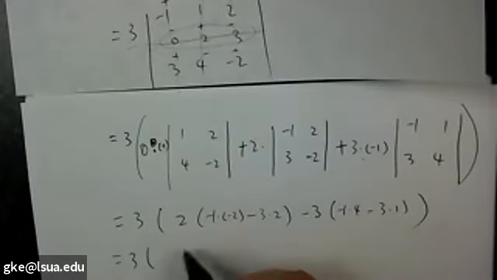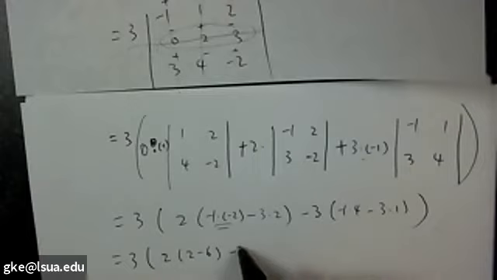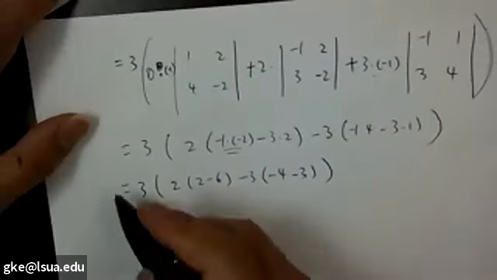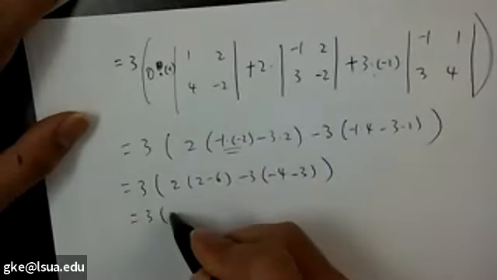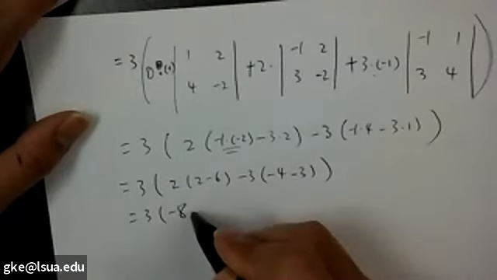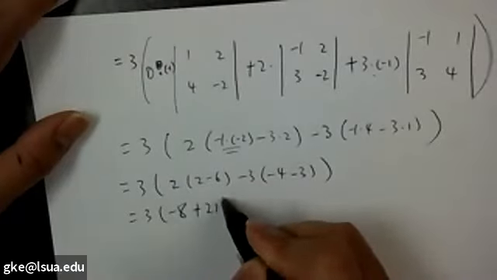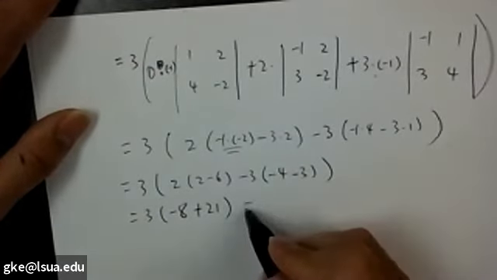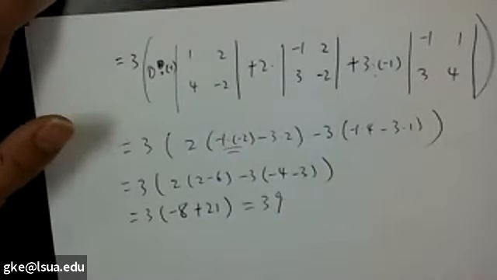And 3, that is 2 minus 6, minus 3, minus 4 minus 3. So here is 3, negative 4, negative 8, right? And this guy is going to give you 39.